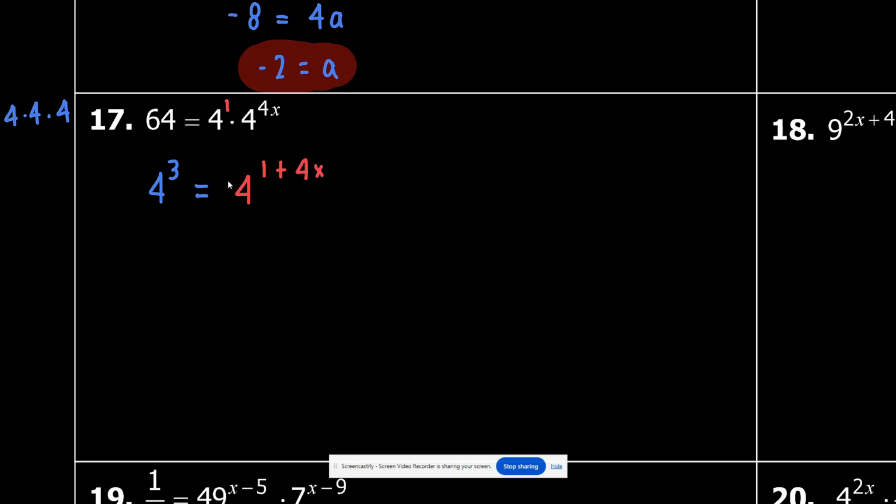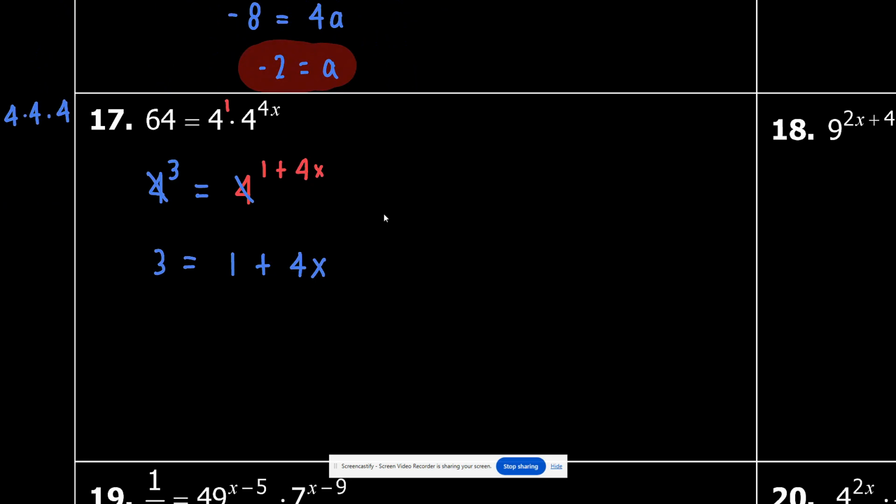Now think about this. Am I allowed to combine 1 plus 4x? Of course not. 1 doesn't have a variable, 4 does. You can't mix them. Now, what can we do? Well, we can drop the bases. So therefore, 3 equals 1 plus 4x.